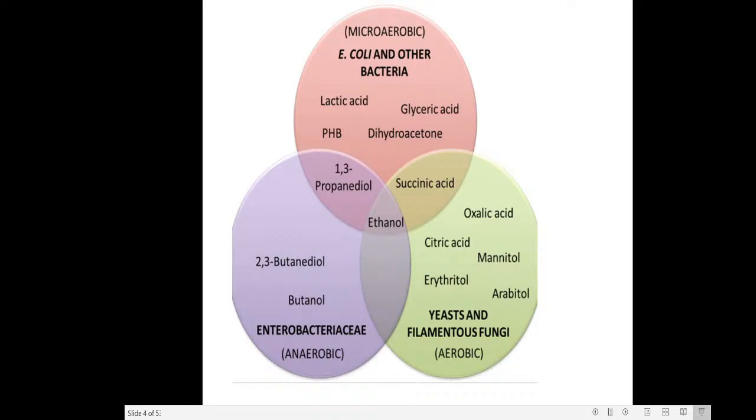How can we confirm this? If you add Nile red or Nile blue over the cell, we take the cells from the medium and add some Nile red or Nile blue, and under UV light, in a gel documentation machine or any fluorescence indicator, you can see the illumination, a color change.